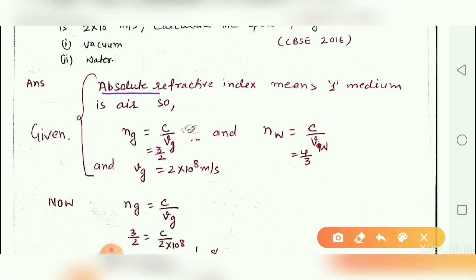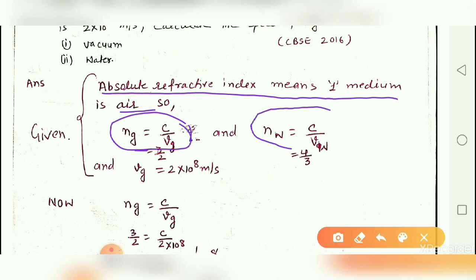Absolute refractive index means medium 1 is air. So the refractive index of glass is given by C upon speed in glass, and the refractive index of water is given by C upon speed in water, and their values are 3 upon 2 and 4 upon 3.